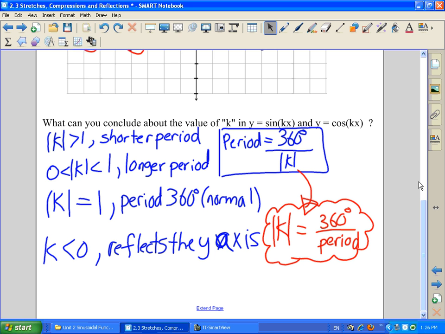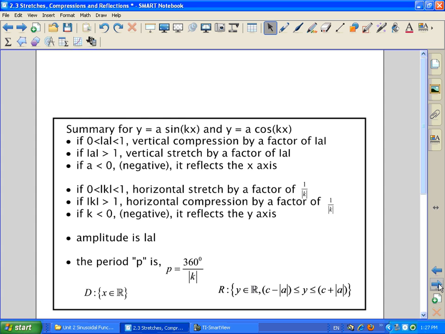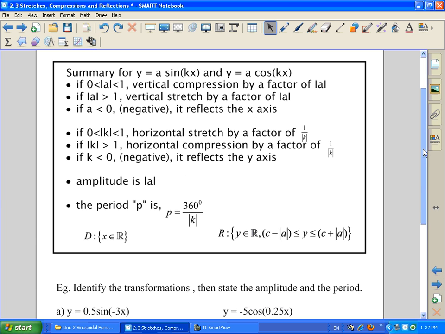All right, here is a summary, ladies and gentlemen, that you should copy down if you haven't already figured these things out. What happens to A? If A is between 0 and 1, you have a vertical compression, and I'll put my arrows in for that one. If the absolute value of A is greater than 1, you get a vertical stretch, which means the graph is going out.